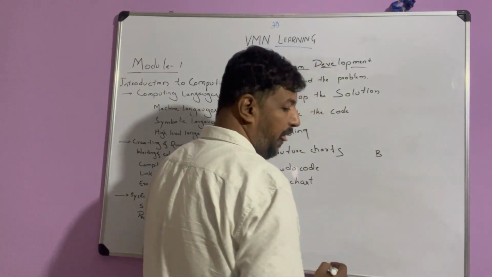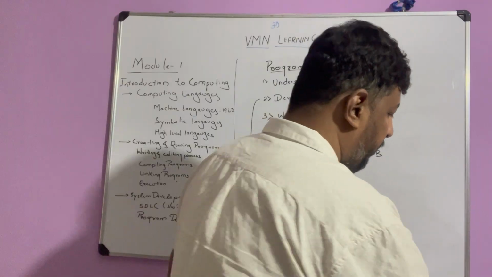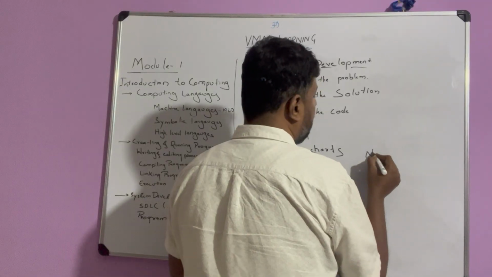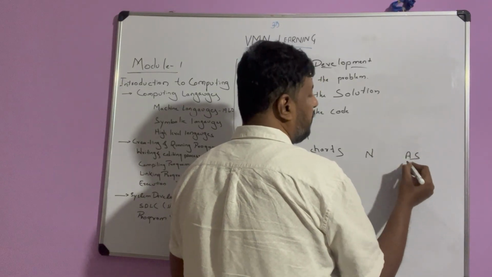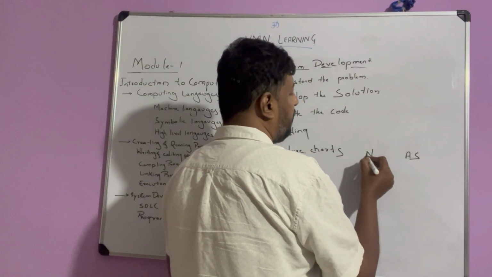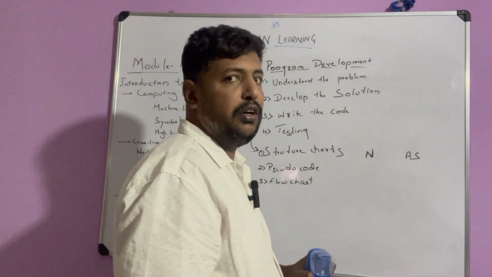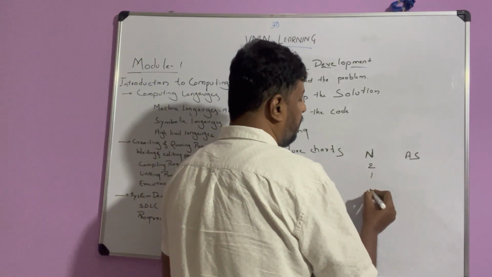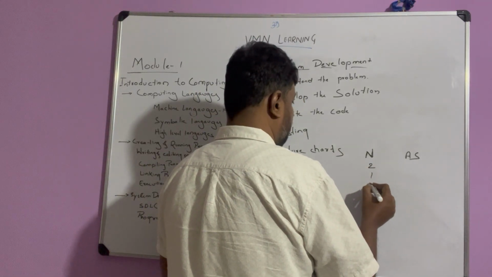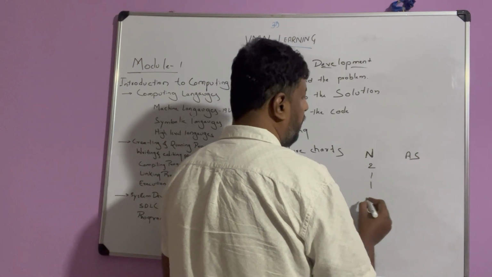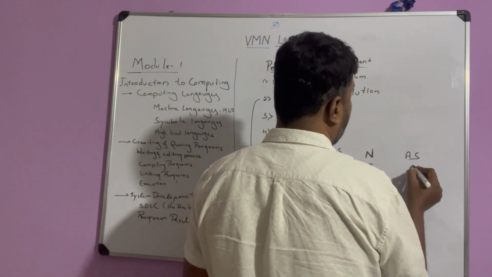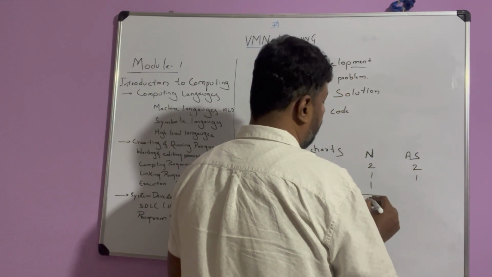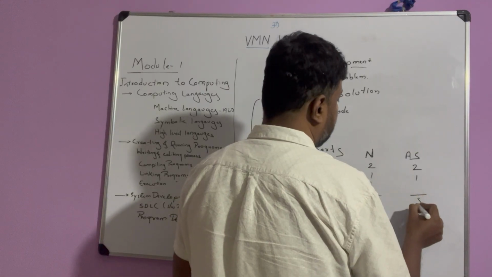Basically we are providing two types of tiling: one is normal tiling, one is anti-skid tiling. For normal tiling, we have to consider all the bedrooms and everything. Say there are two bedrooms, one hall, one dining area, and consider they have two bathrooms, one kitchen. So here totally will be four, five.